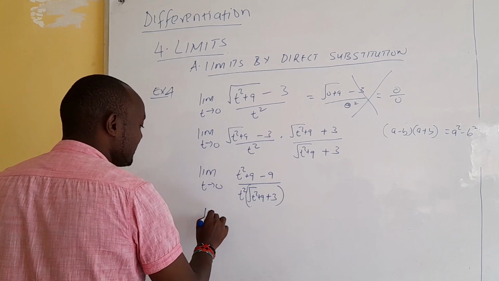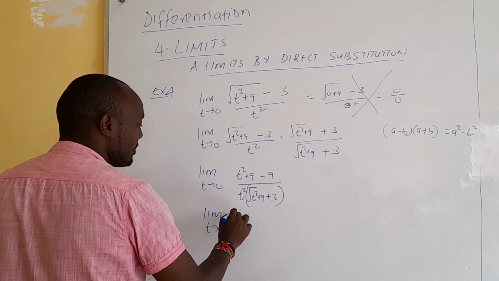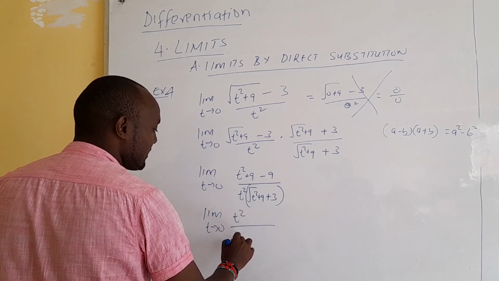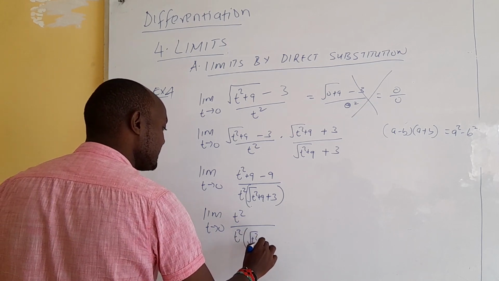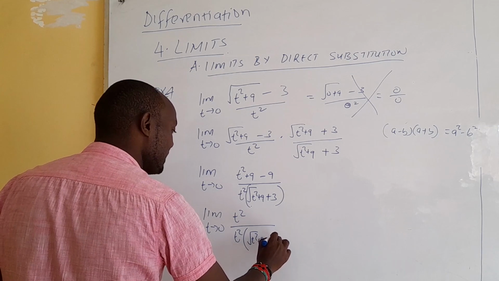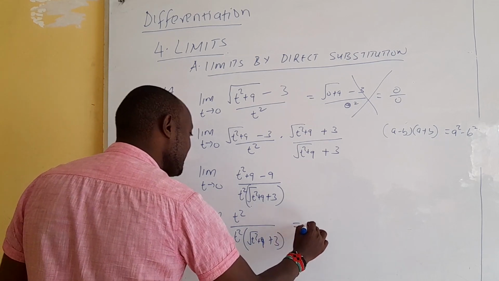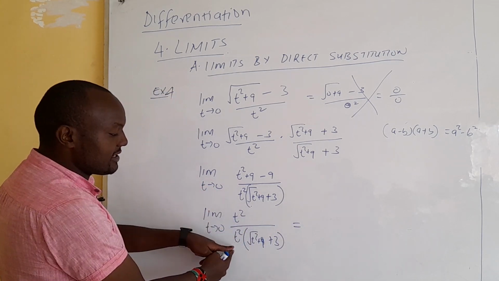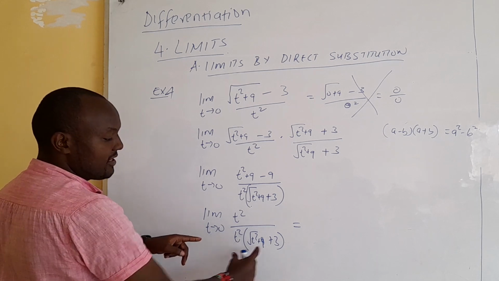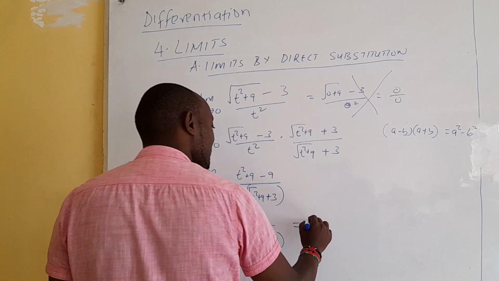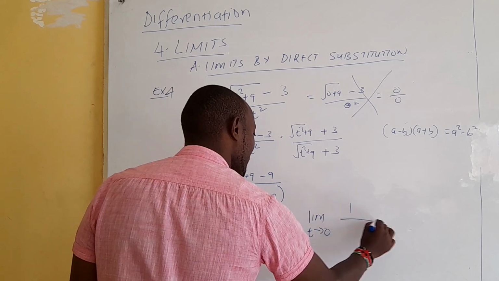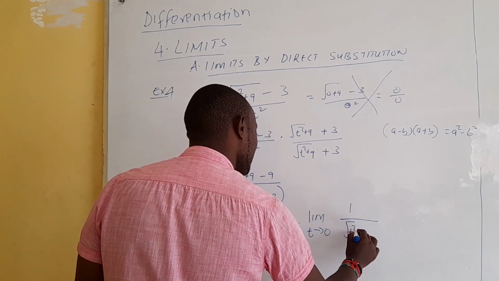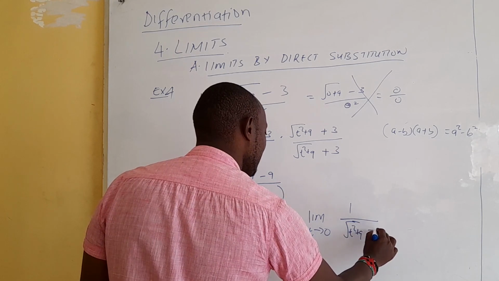So we have limit as t approaches 0, we have t squared all over t squared times the bracket root of t squared plus 9 plus 3. In this case, you'll find that this t squared and this t squared will cancel out, because at the denominator you have the product. So you have limit as t approaches 0, we'll have 1 all over root of t squared plus 9 plus 3.